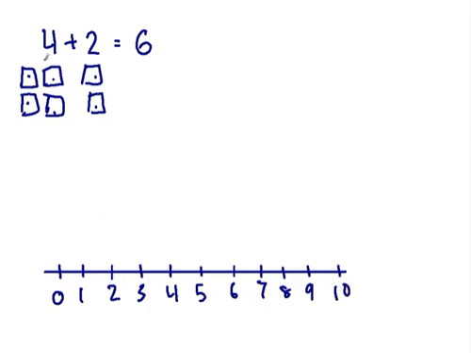And then once again you start with the number that you had in the beginning, which is 4. So make a big dot on 4 just like you did with adding 1. But this time, because you're adding 2 instead of 1, instead of jumping 1 spot, you jump 2 spots. So instead of jumping to 5, like you would for adding 1, you jump 1 more spot to 6. And there you go, you got 6 again.